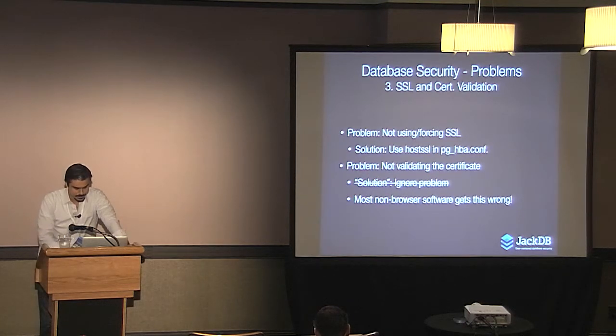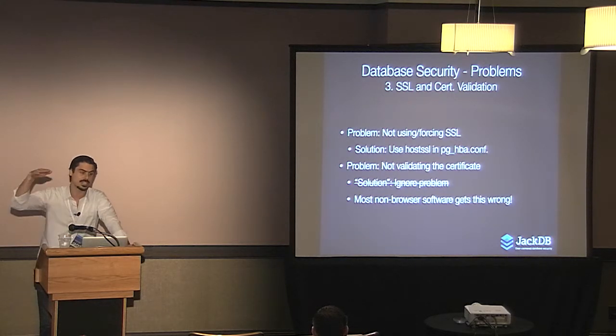Also in Postgres specifically, as far as mandating SSL, there are two levels of this: not using SSL at all, and then not using SSL with certificate validation. Postgres is actually pretty good about forcing SSL because you can just tweak it in the pg_hba.conf, so that's good. But if you want to validate, you still have to go out of your way to do it.